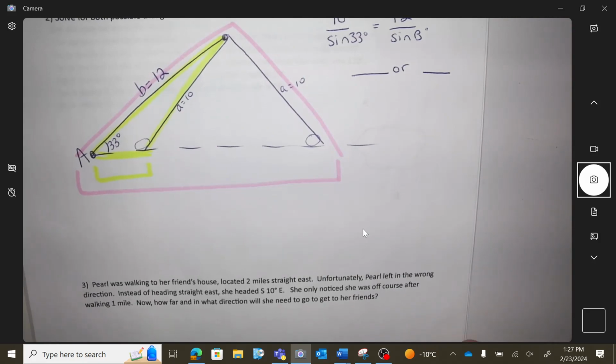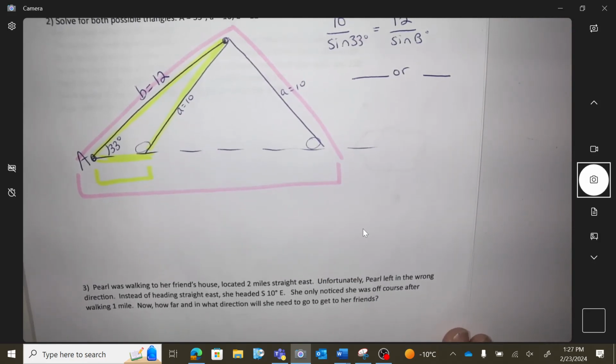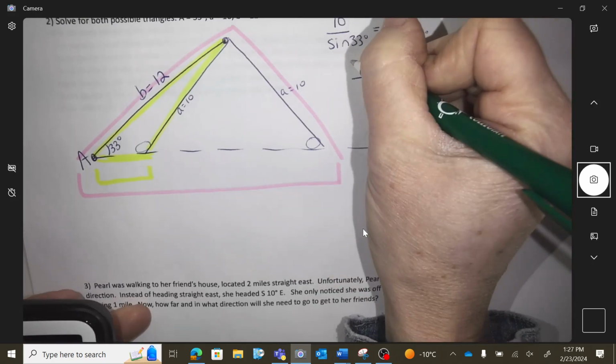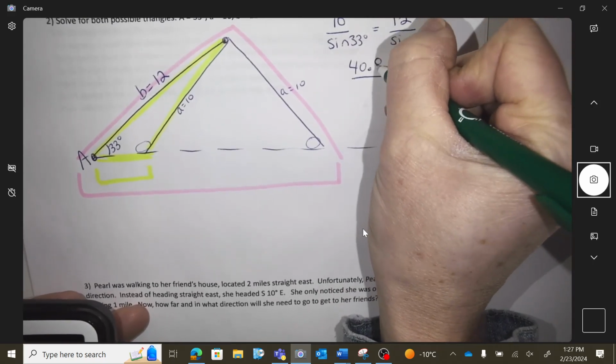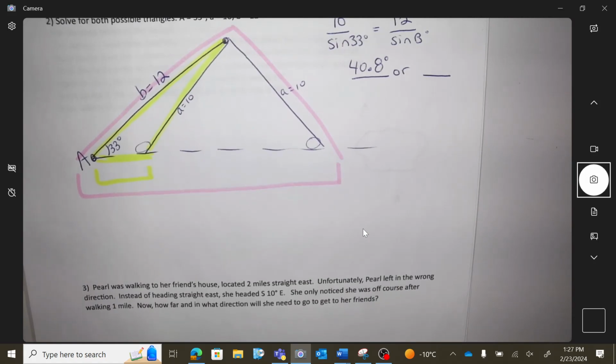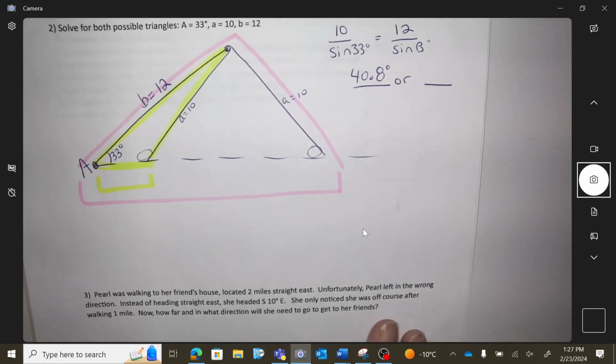So you're going to have to say this or that. There's going to be two options of angles. So your calculator is only going to tell you one of them. Times divide inverse.